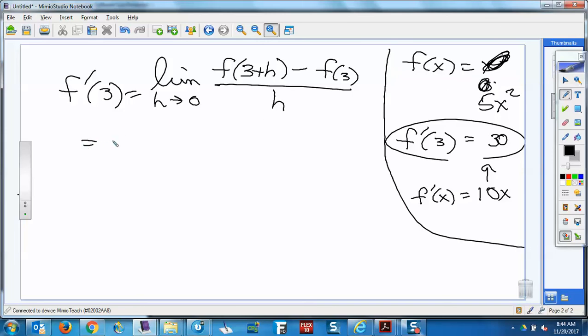Now, what do we do for f of 3 plus h? Plug that into our function. So we have 5 times 3 plus h squared minus, and then we plug a 3 into f. That's 45, all over h.